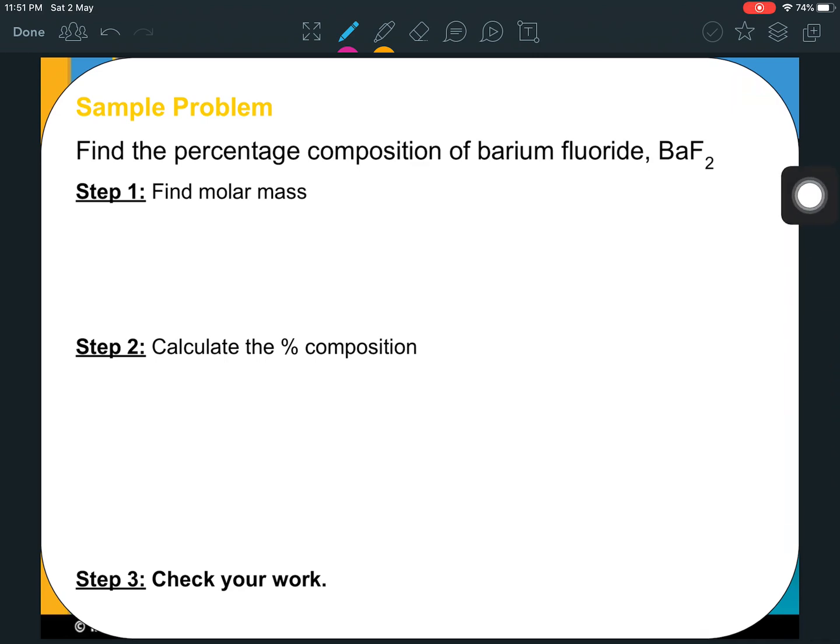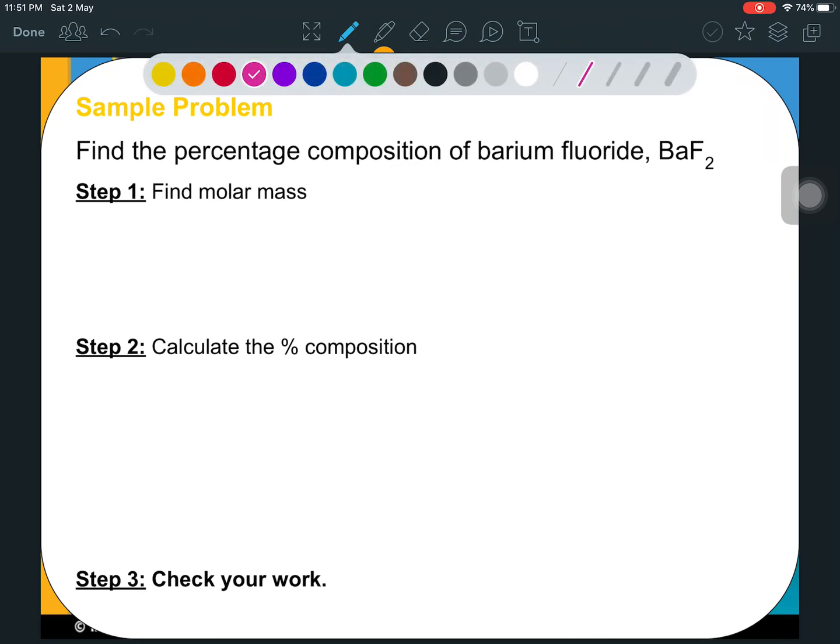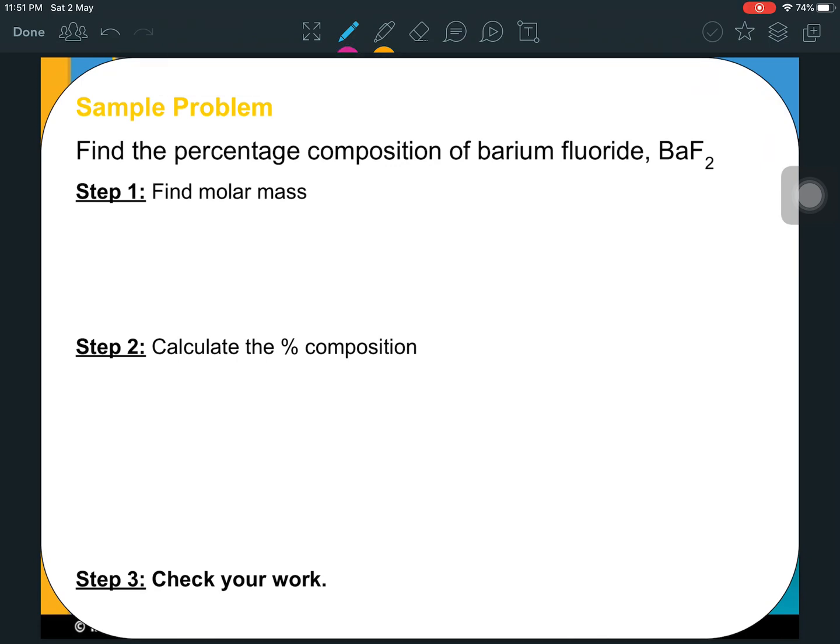All right, so let's try another example here. Barium fluoride. If you look in your periodic table, you'll be able to find the molar masses of barium and fluorine, right?